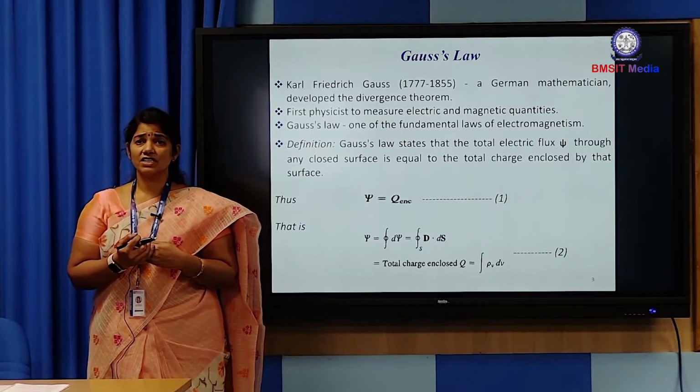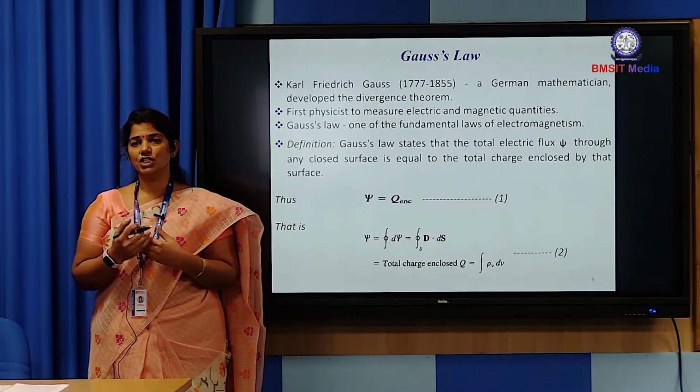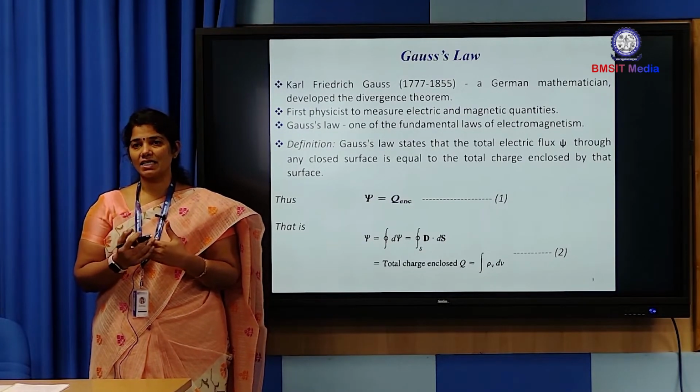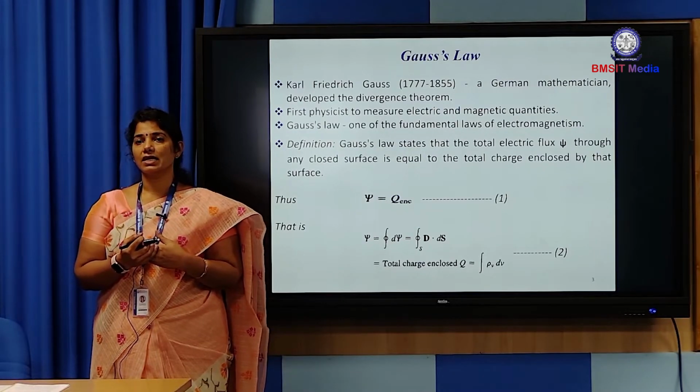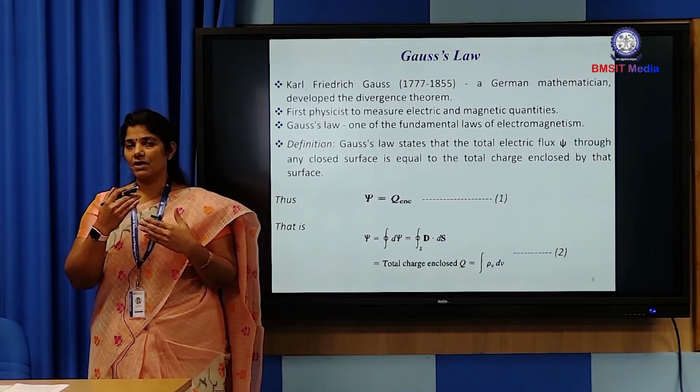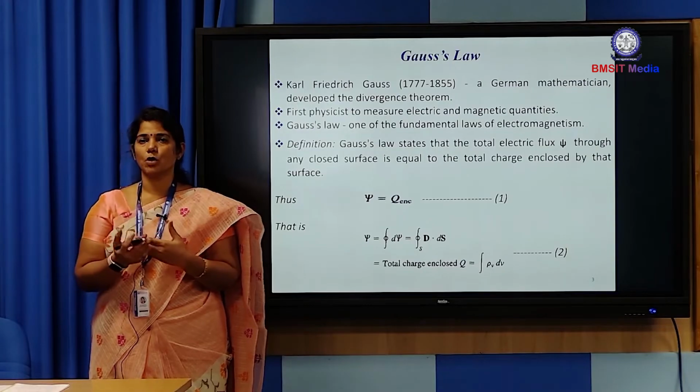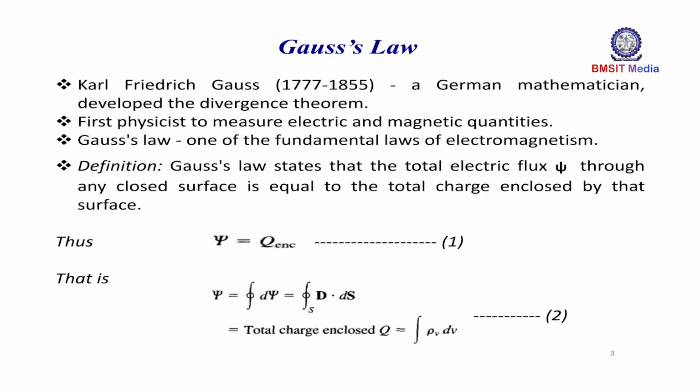He was the first physicist to measure electric and magnetic quantities in a proper unit. As I already told, this Gauss law is one of the fundamental laws of electromagnetism.